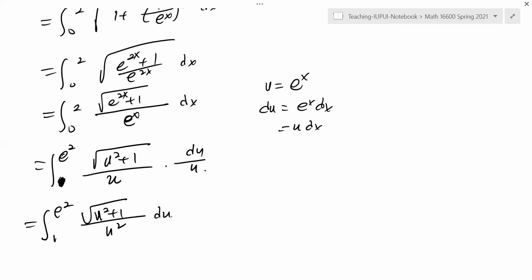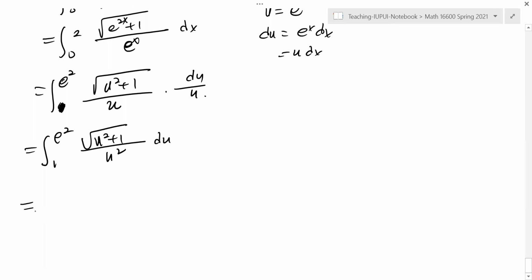Great. So I copy it. It's going to be 1 plus u squared, and u plus natural log of u plus 1 plus u squared.